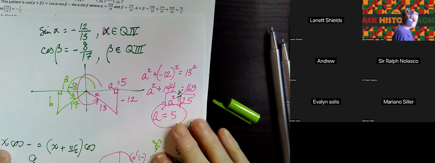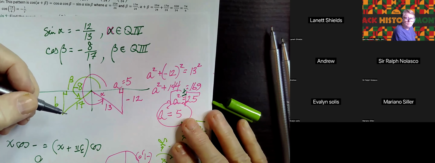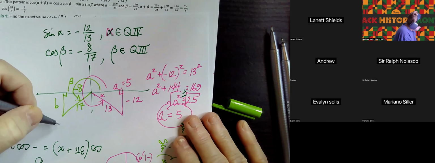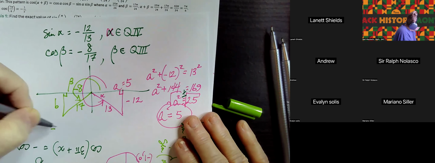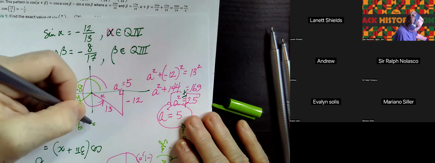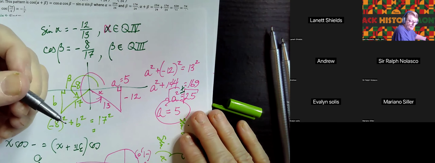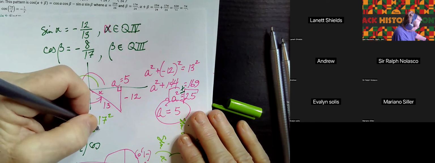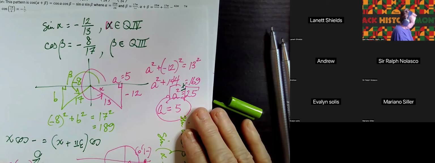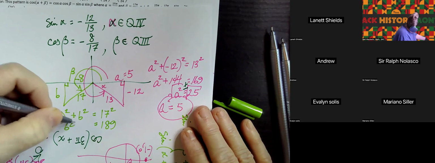And how can I find little b? Good. So we've got -8 squared plus b squared equals 17 squared. 17 squared is 289, and 8 squared is 64.